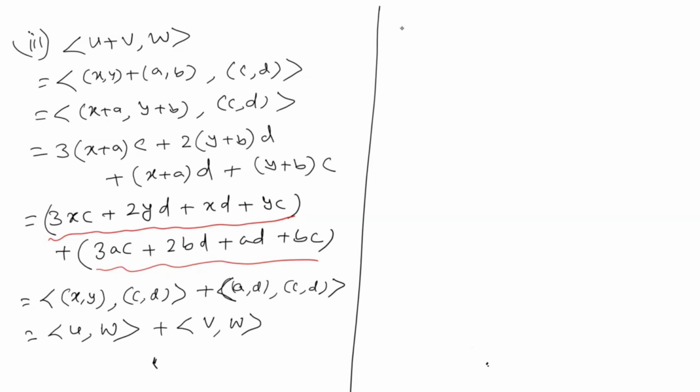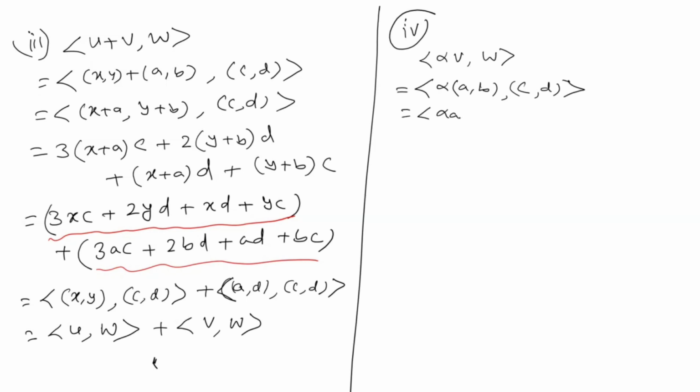Next is the fourth one. The fourth one is where we multiply by a scalar. So ⟨αv, w⟩ is equal to ⟨α(a, b), (c, d)⟩. So this is equal to (αa, αb) and (c, d).